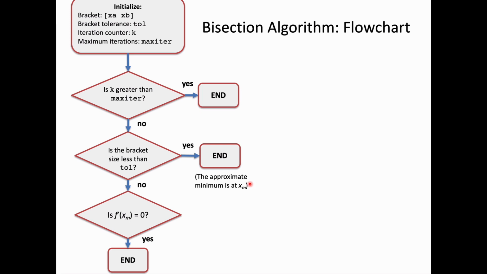If we had some other initial conditions, then it might be either a maximum or it could also be a stationary point, possibly, if we have this derivative being equal to 0.